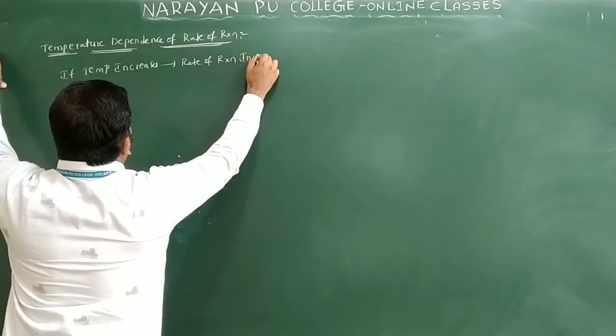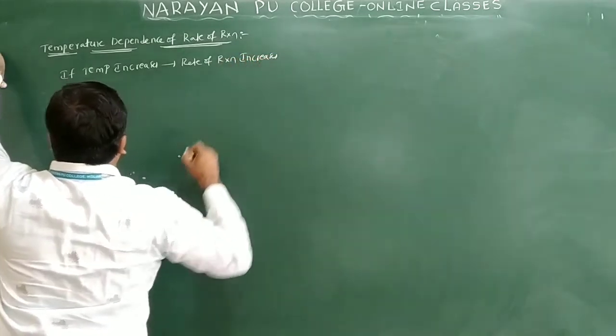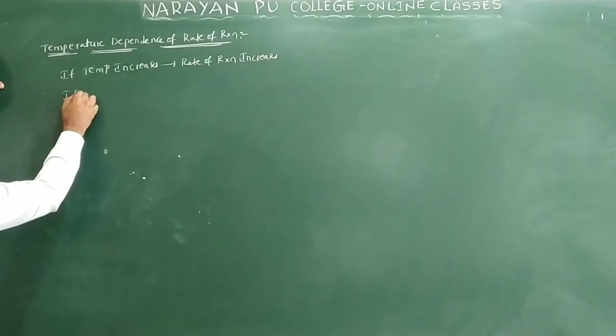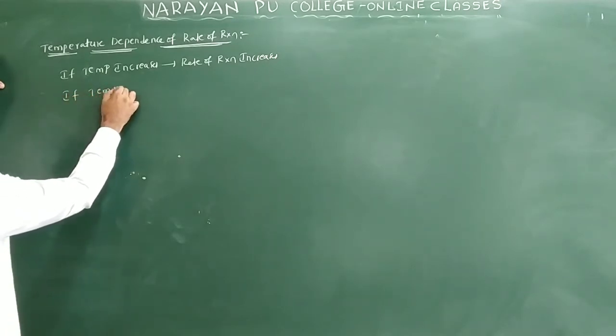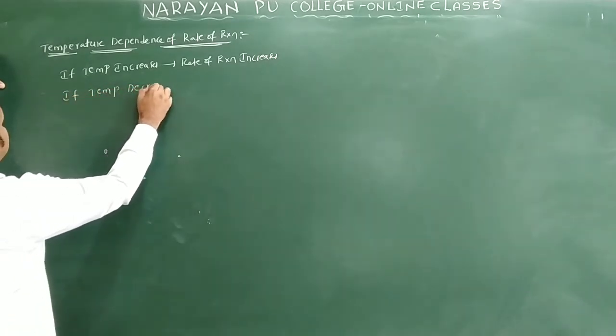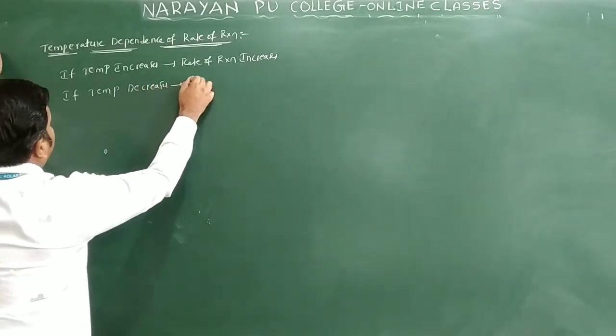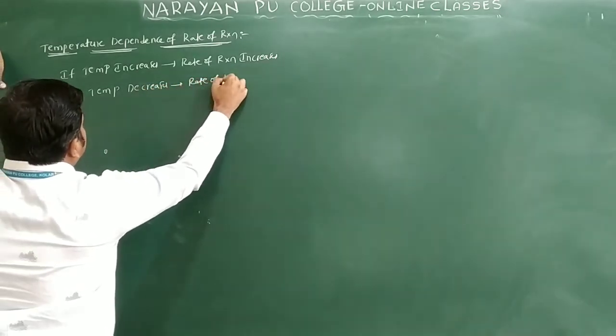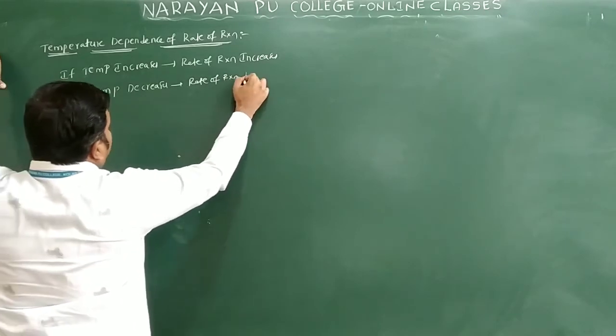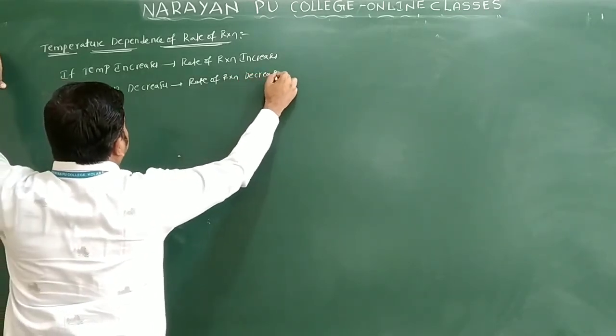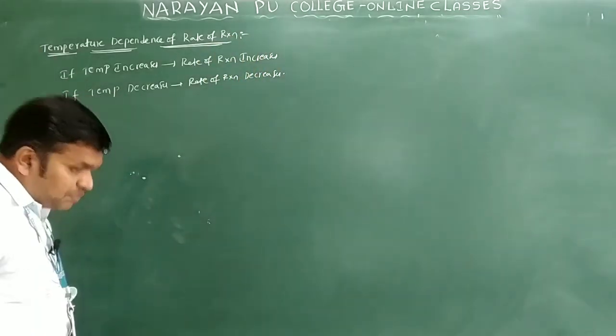Suppose you decrease the temperature: if temperature decreases, rate of reaction decreases. This is the common method.